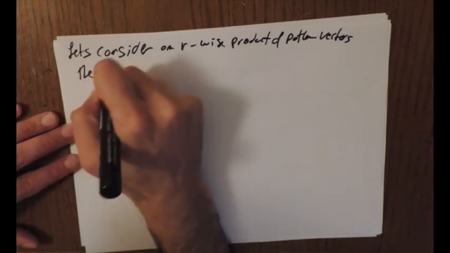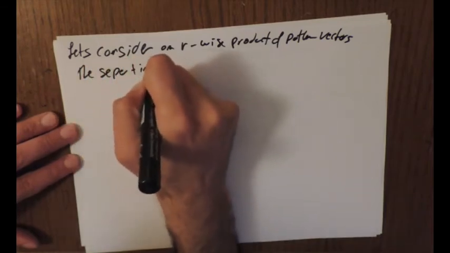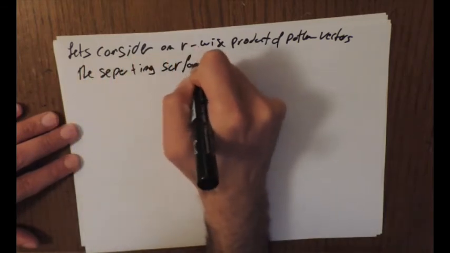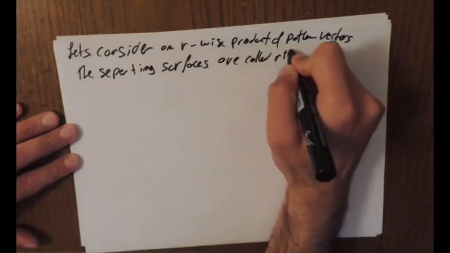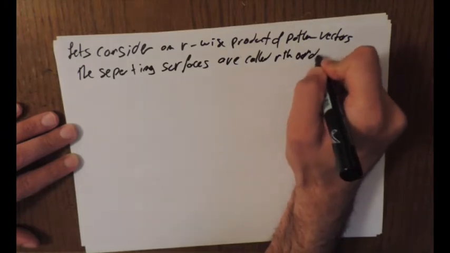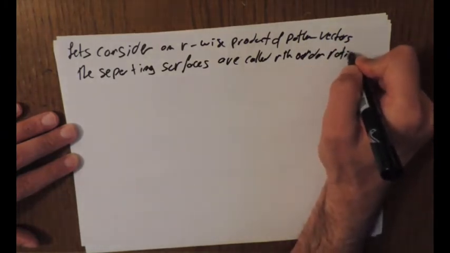So the separating surfaces are called rth order rational variety.